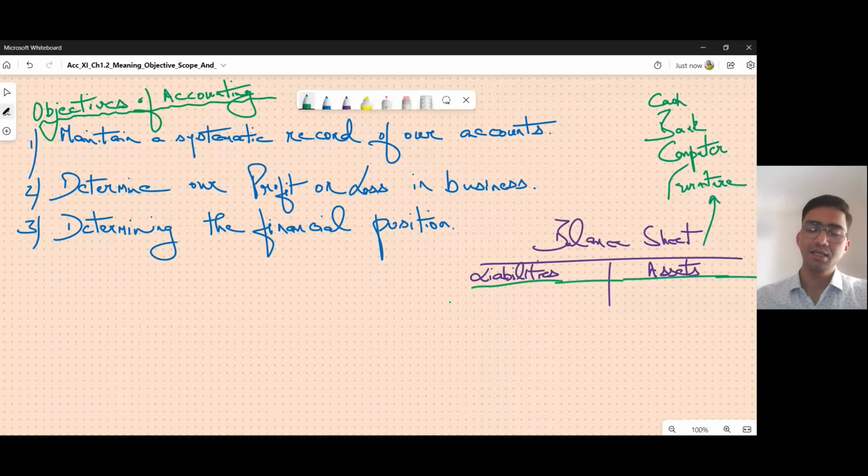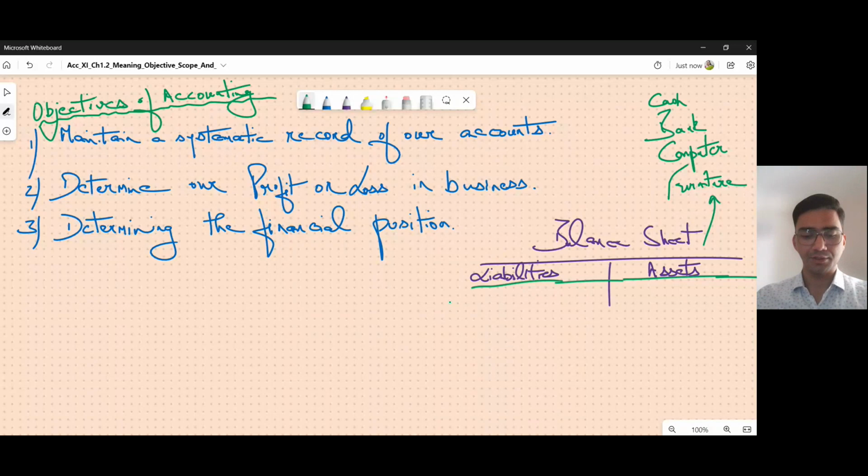We get to know it through our accounting, because in our accounting, we will note down how much cash we have, how much bank balance we have, how much worth of computers we have, how much worth of furniture we have. So all these are our assets. So this helps us to know our financial position. The left side of this balance sheet I'm not discussing. We'll discuss it further once we get into some more detail of this subject.